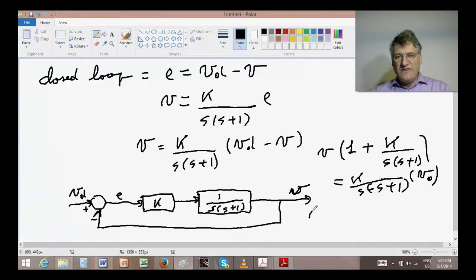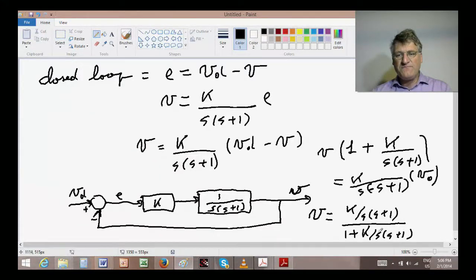So we obtain that V is equal to K over S times S plus 1, divided by 1 plus K divided by S times S plus 1, times VD.